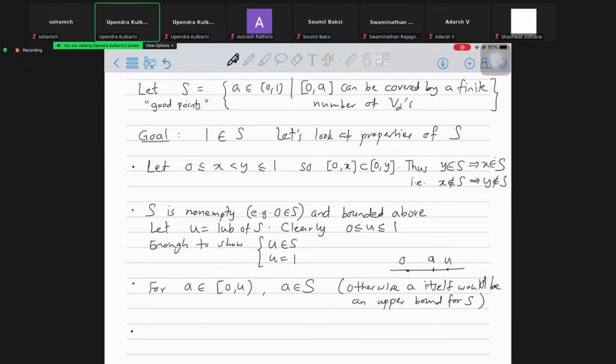Now comes the clincher. What we did at 0, that little warm-up reasoning, we are now going to do the exact same reasoning. See, the entire region from 0 to U is good, but I do not know whether U itself is good or not. There is an open ball at U. So we'll do the same thing.